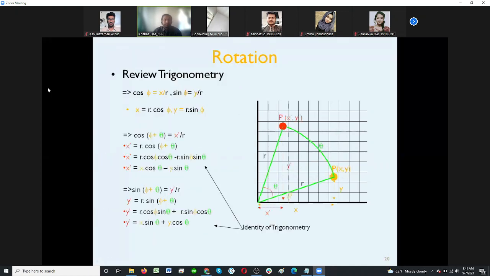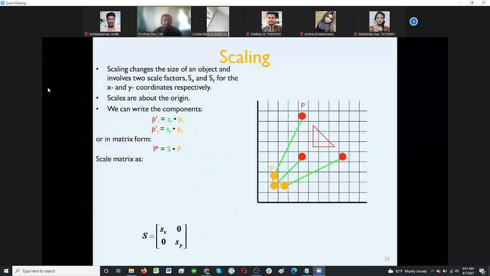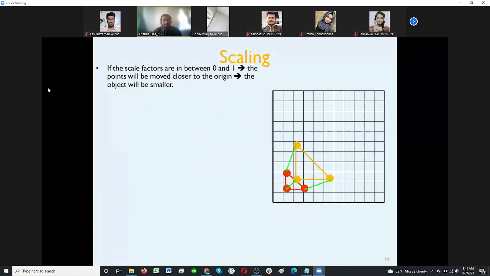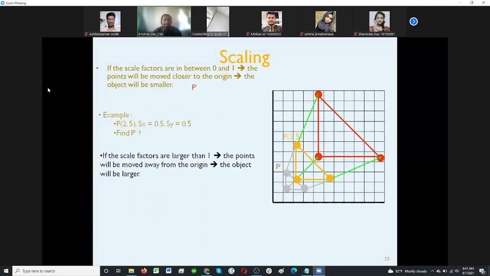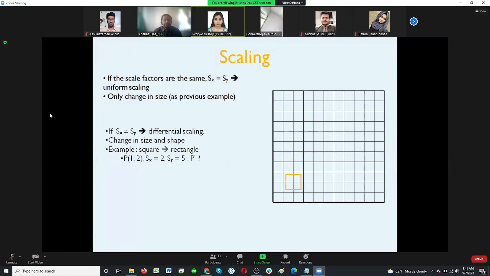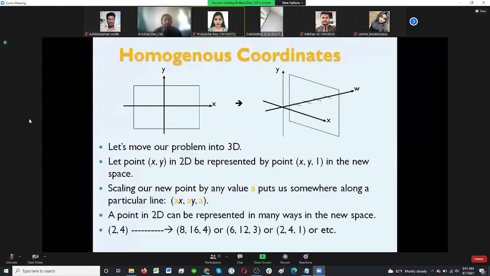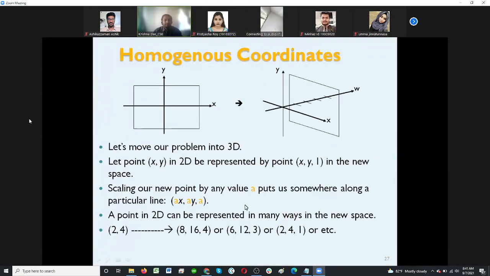Okay, we discussed homogeneous coordinates, right? If you can remember, we discussed homogeneous coordinates because we are taking our problem into 3 dimensions now, and we are considering all of our transformation functions as 3 by 3 matrices.